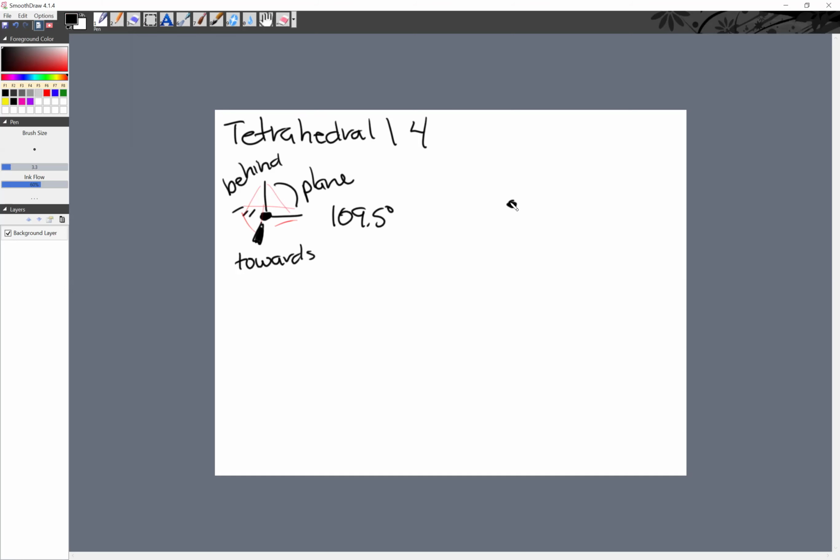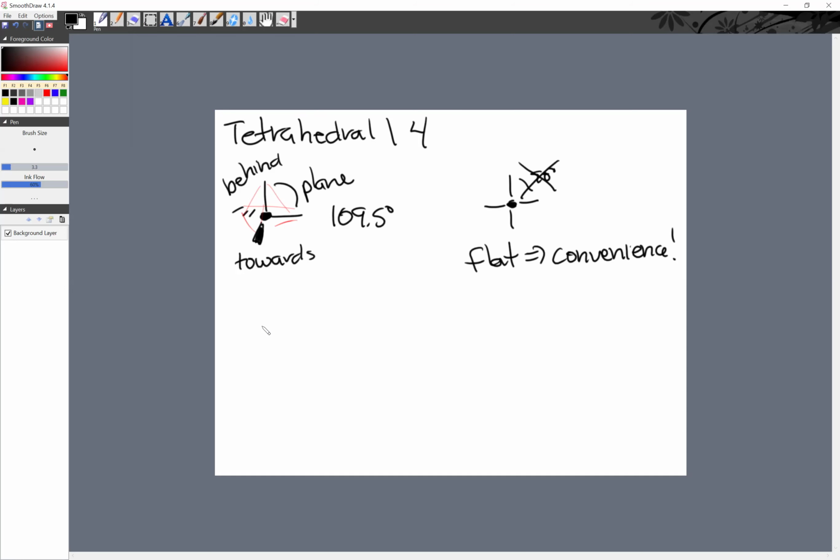Now we draw it this way, flat, only for convenience. Okay, this looks like 90 degrees, but it's not. We only draw it flat for convenience. If you have family 4 or family tetrahedron, the angles are 109.5.